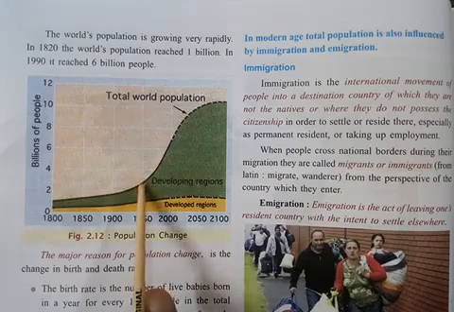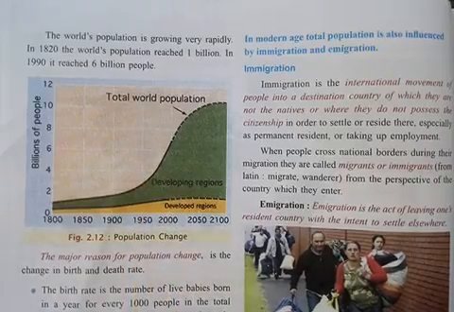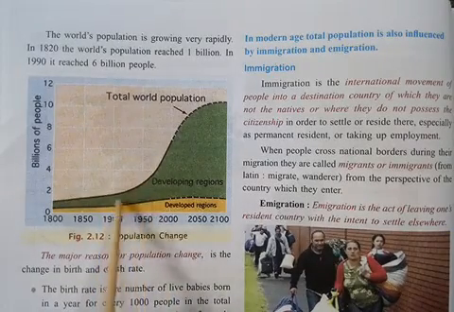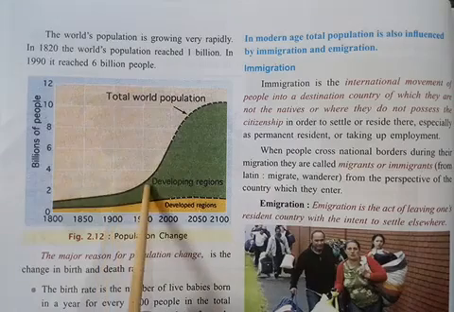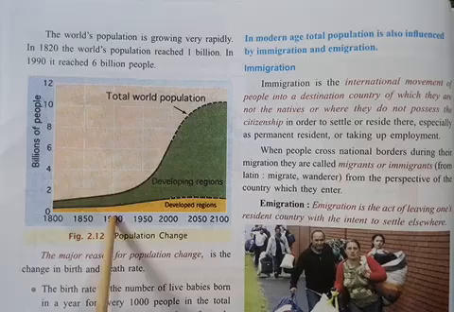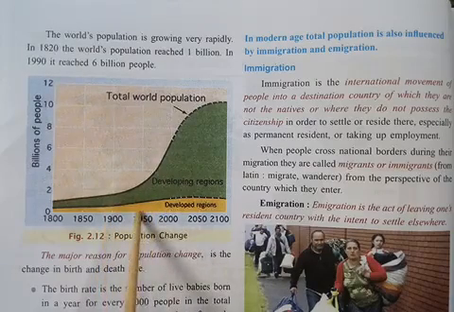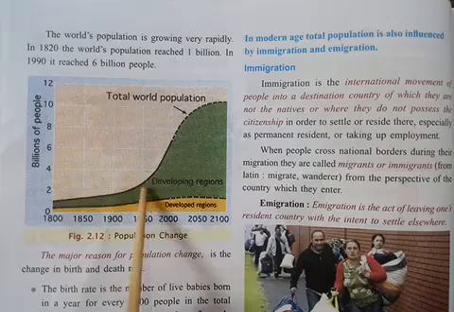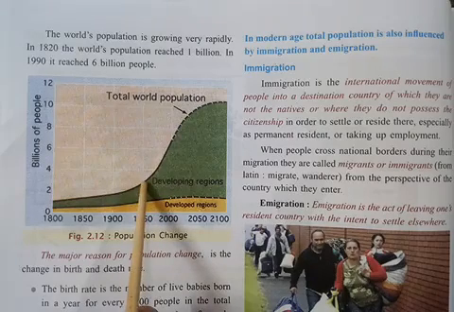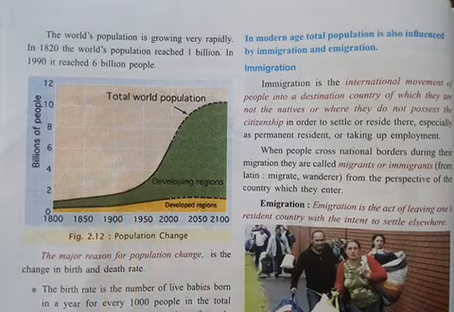It's not even 3 billion, so we can say 2.7 billion. So from 1900 to 1950 this population increases about 1 billion. As I told you, in 1900 this population was about 1.7, but in 1950 this became 2.7. So this is an increase of about 1 billion in 50 years.